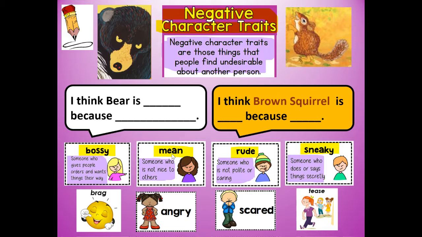So think of a sentence to describe how Brown Squirrel is on the inside, his personality. I think Brown Squirrel is rude because, or I think Brown Squirrel is sneaky because. So push pause and write your sentence to describe Brown Squirrel. And when you're finished writing that sentence, push play.